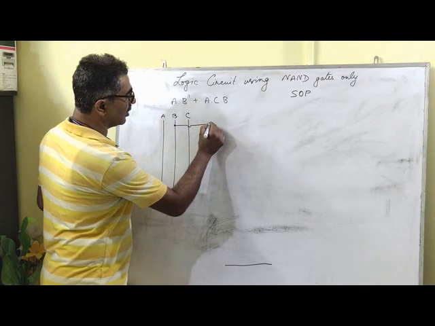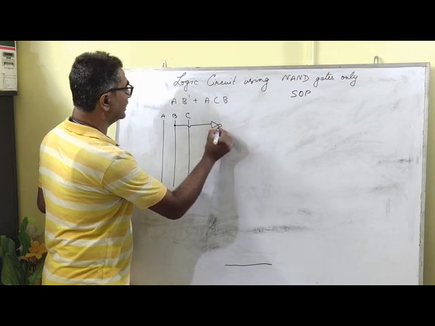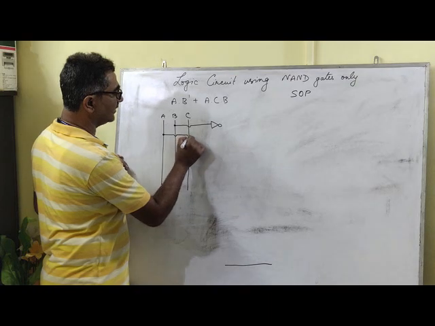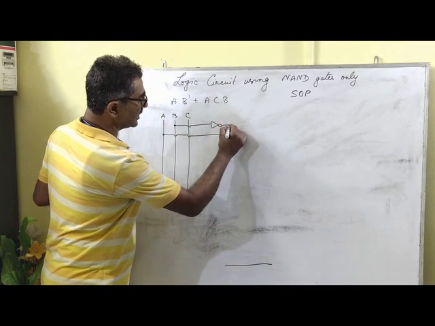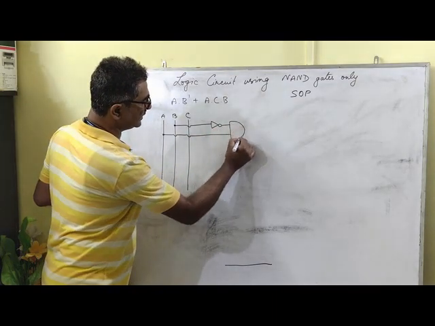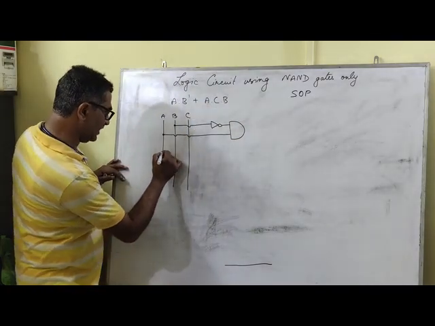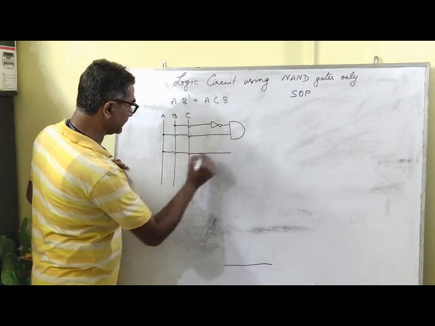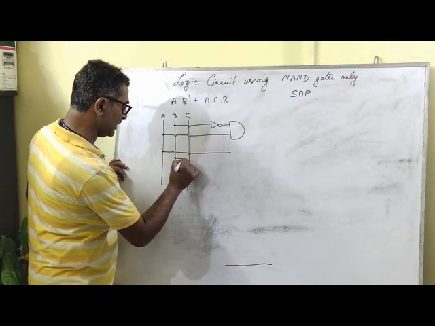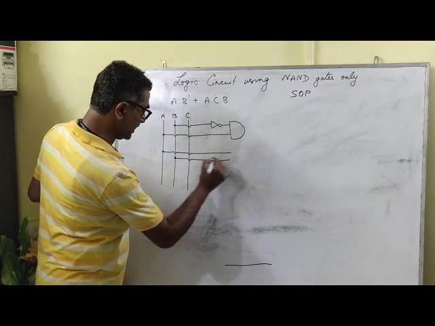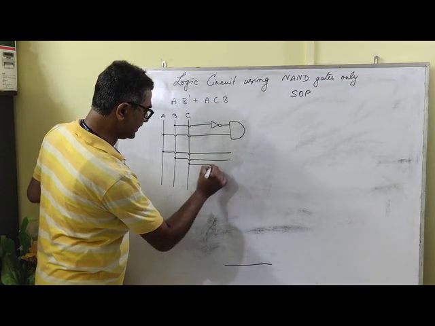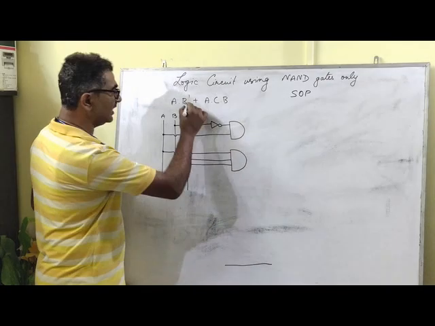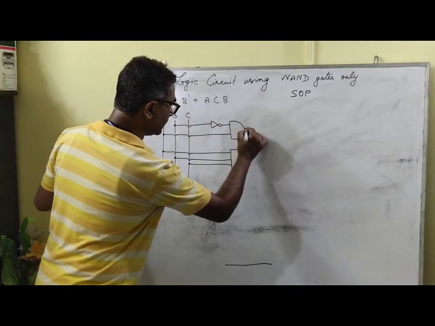So we have a B complement coming out, and we AND it with A. And then A, C, B, all the three variables are being extended, A, B as well as C. These are again ANDed. And finally these two are ORed.